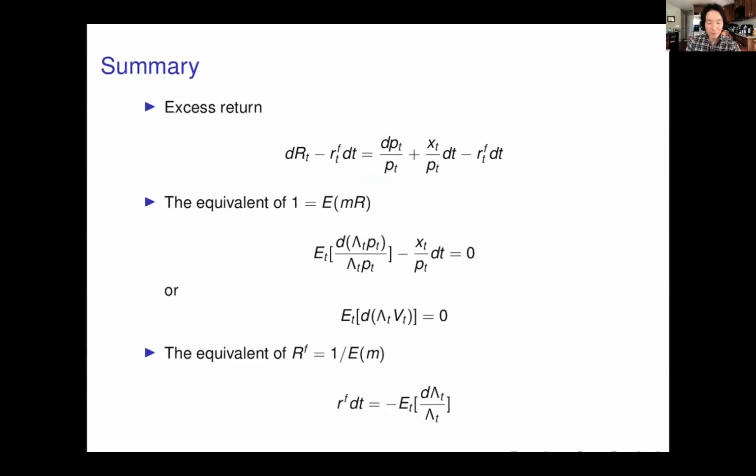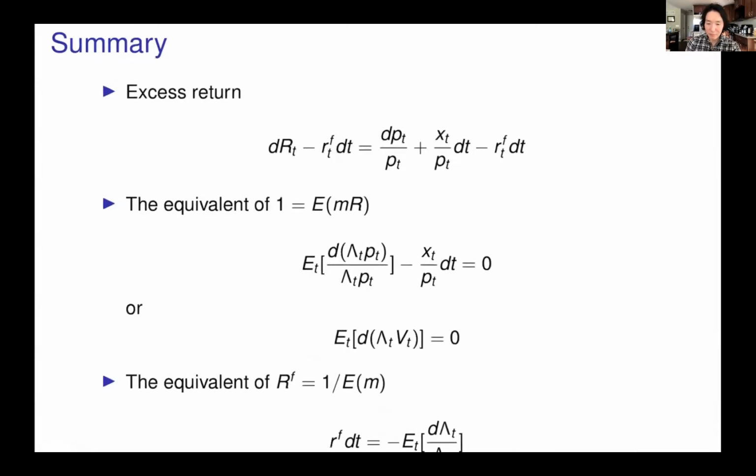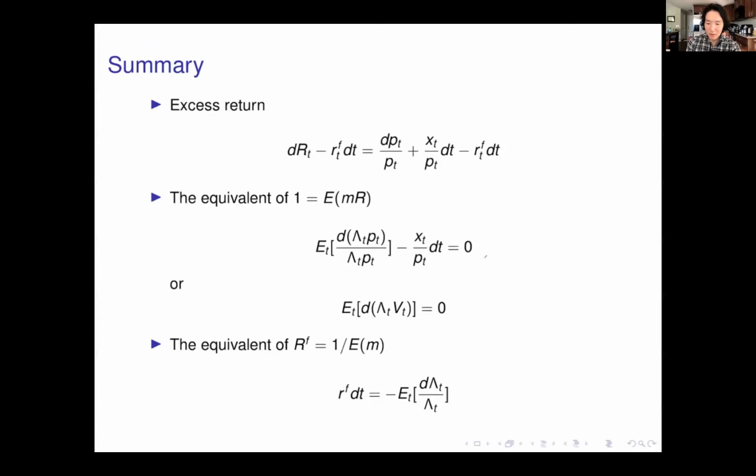Now the analogy of the pricing equation in the discrete time is basically the continuous time equation that we learned last time.